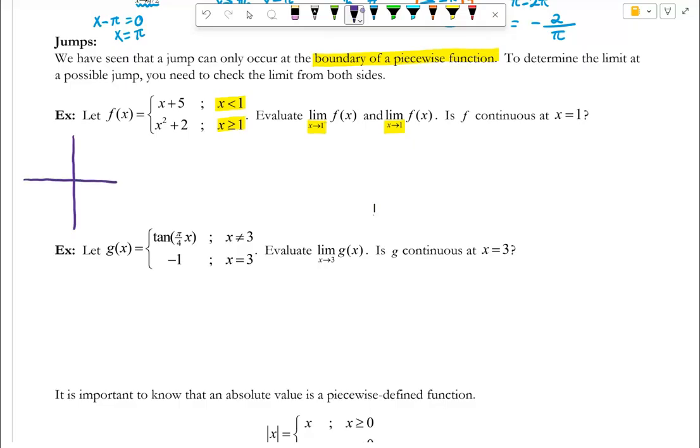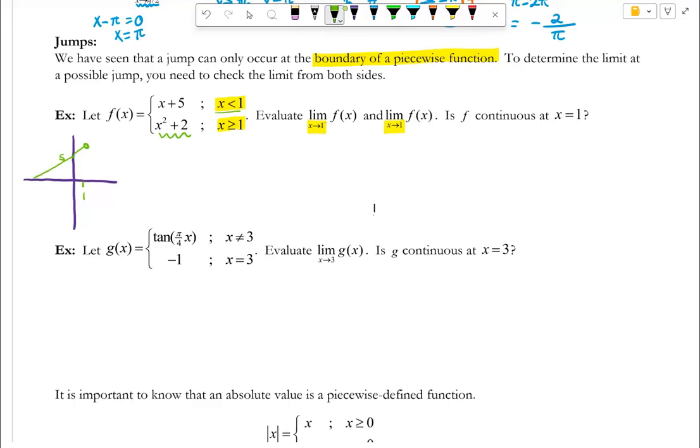Okay, so I know that this function is going to be, if I start from the left, a line of x plus 5. So let's say that this is 5 on my y-axis. So this would be up here at 6. I'm going to make that an open circle because when x equals 1, we're going to use the bottom piece, not the top piece.